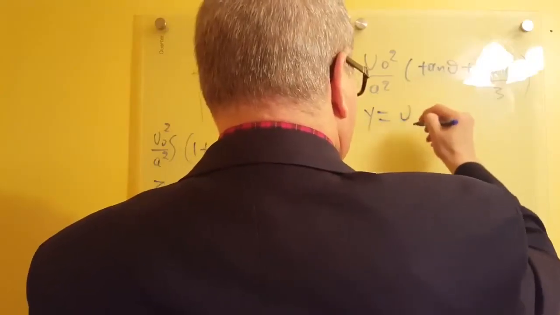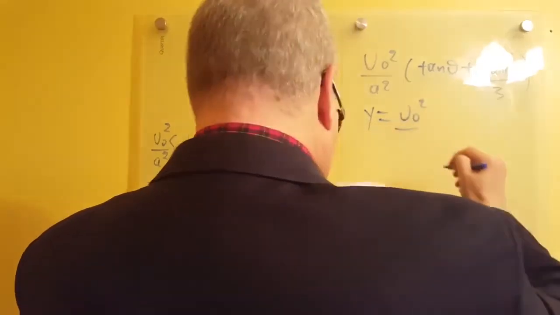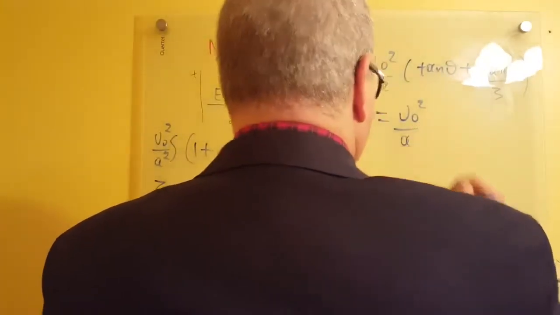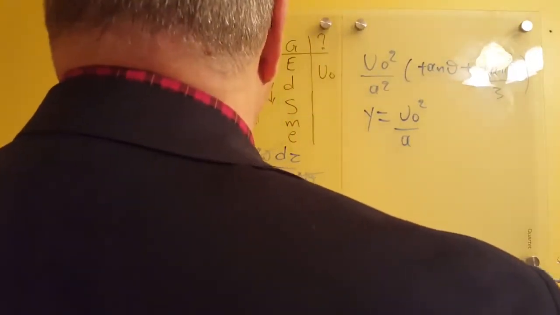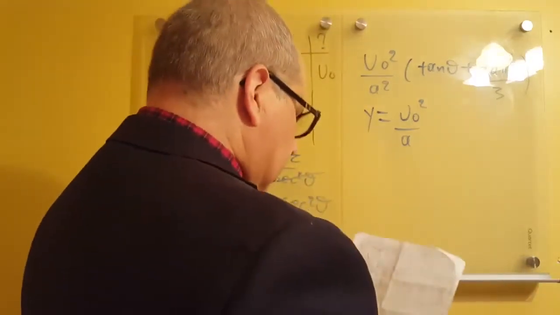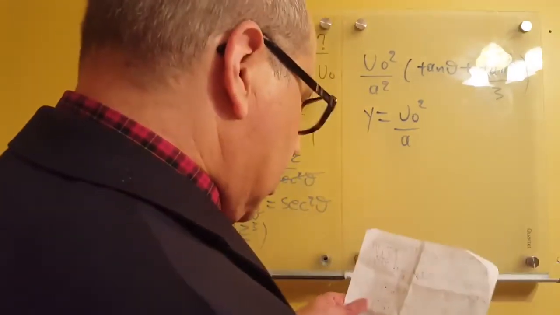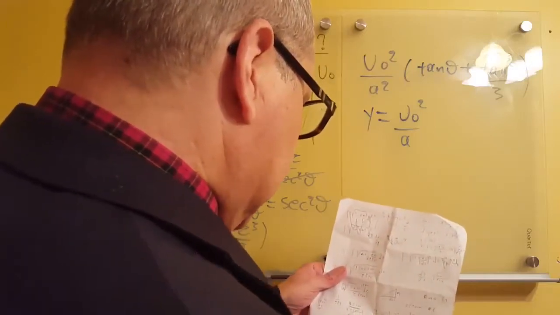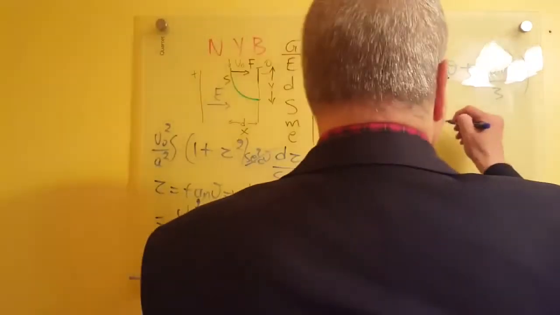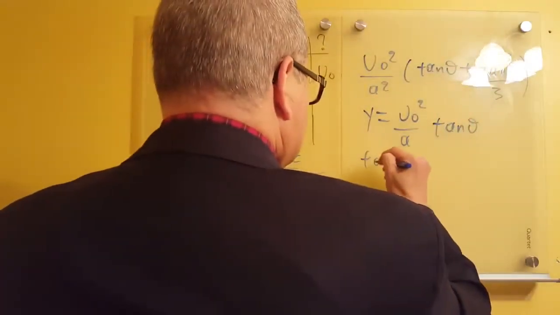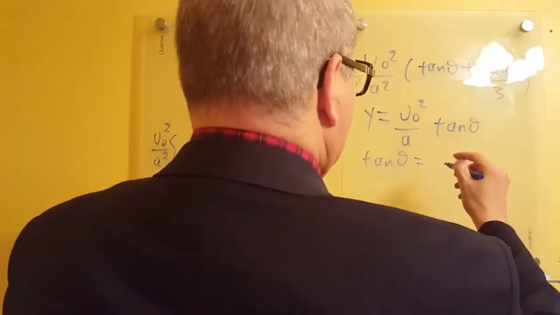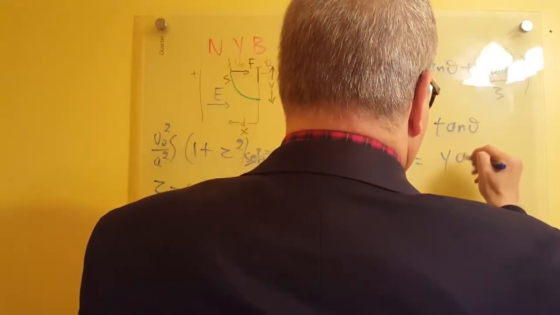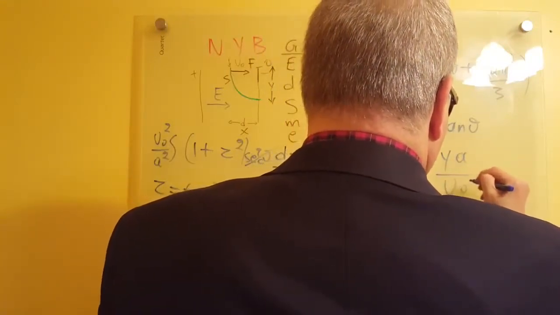The initial substitution was y equal to v0 square over a times tan theta. So from that we have that tan theta is equal to y a over v0 square.